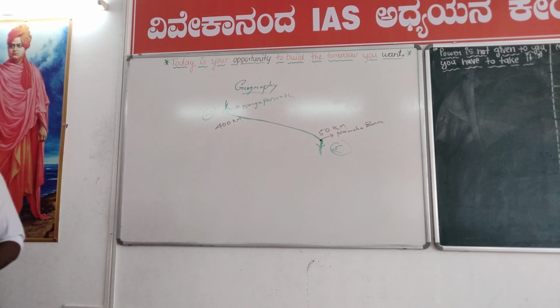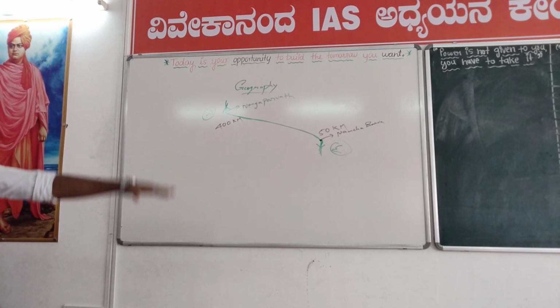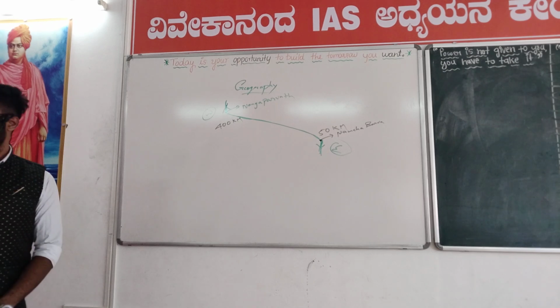If you split the entire Himalaya into separate regions, you can split it into 4 different parts, okay? The westernmost is called Punjab Himalaya.